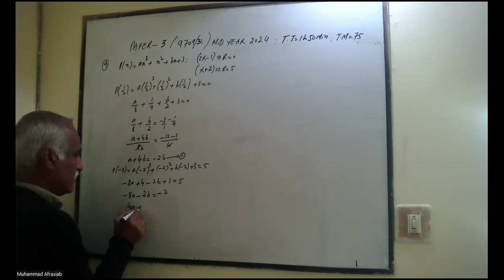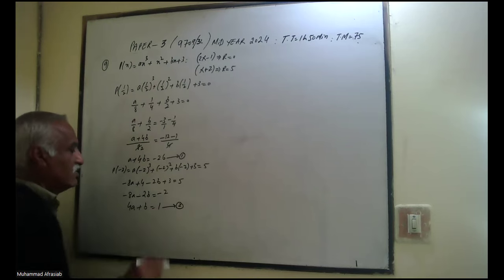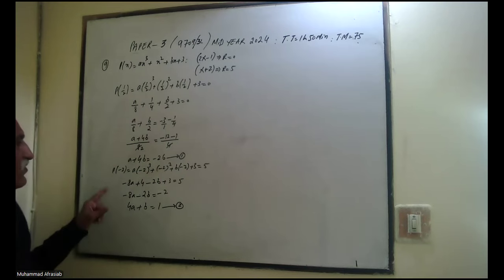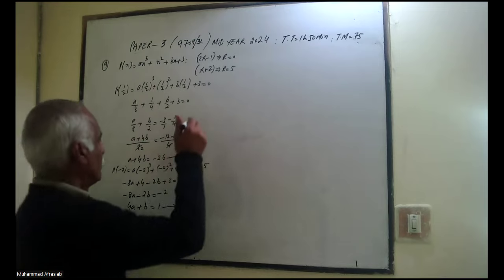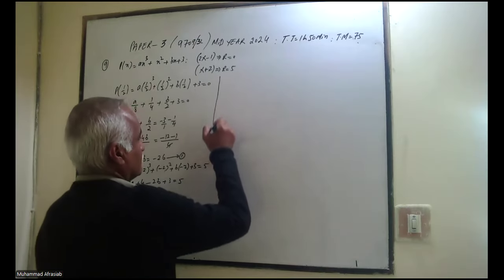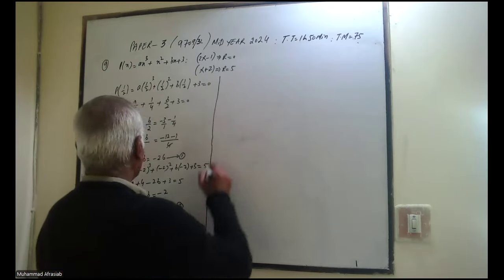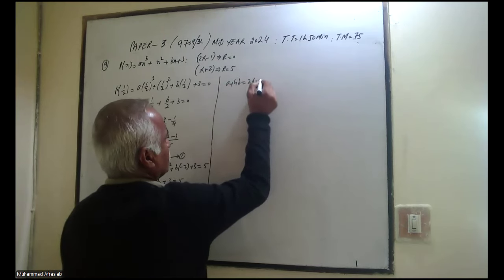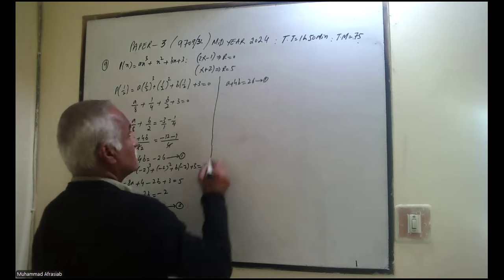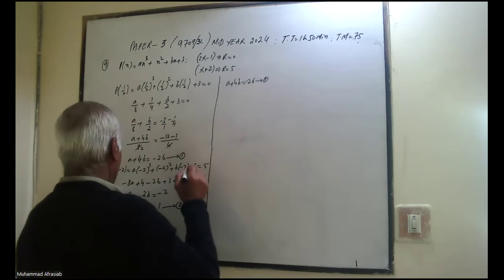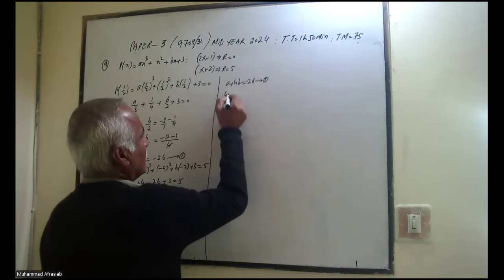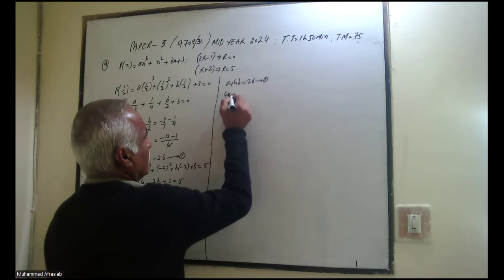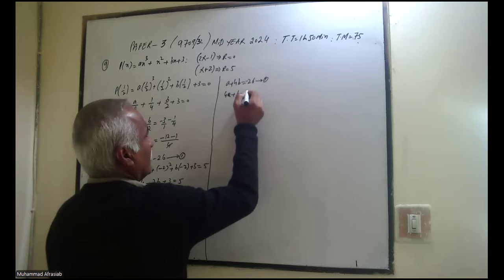So 4a plus b is equal to 1. Let's say that is equation number 2. Now we have to solve 1 and 2 simultaneously. It is a plus 4b is equal to minus 26 and 4a plus b is equal to 1.